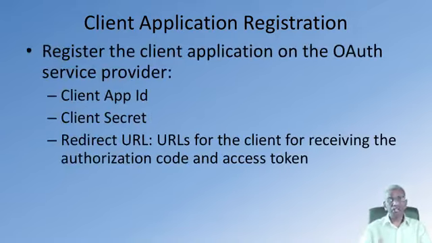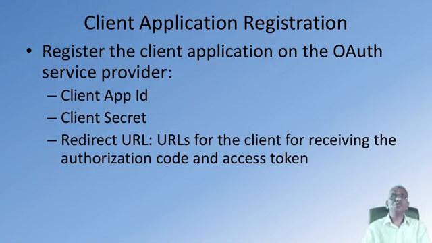So a client application, the Express server in our example, will register itself as a client application on the OAuth service provider. As you will see in the exercise, the very first step is to log into Facebook with our account and then create an app on Facebook's site. When you do that, Facebook will issue you a client app ID and a client secret.